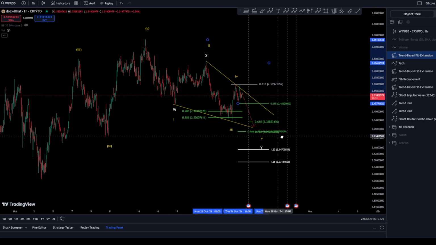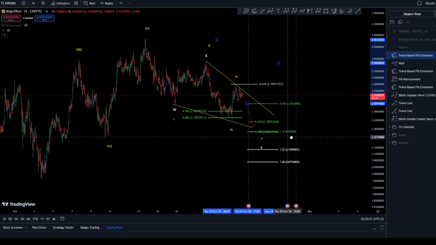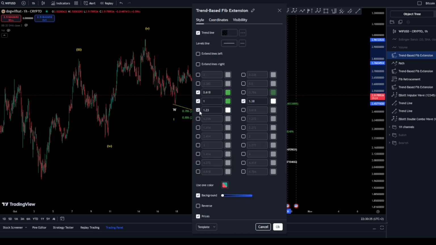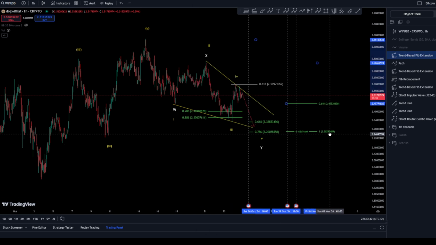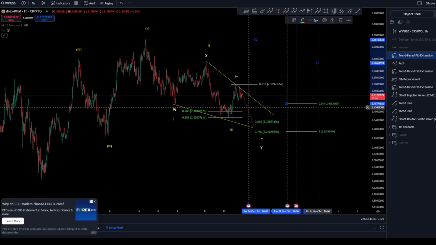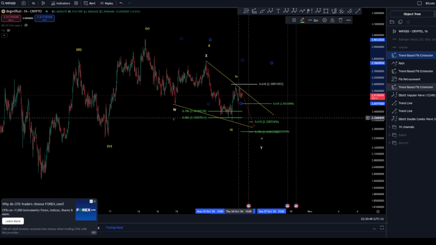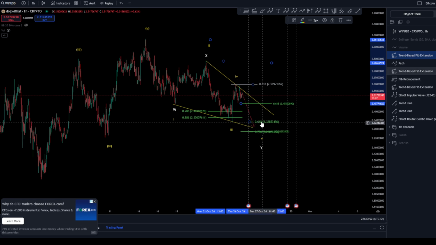with a Y. Okay, yeah, that is always the tricky thing with a wave Y, is that it has a wide range of target. However, the most common is always between the 1 and the 0.618. So your wave Y can finish anywhere here, which is inside as well the diagonal.